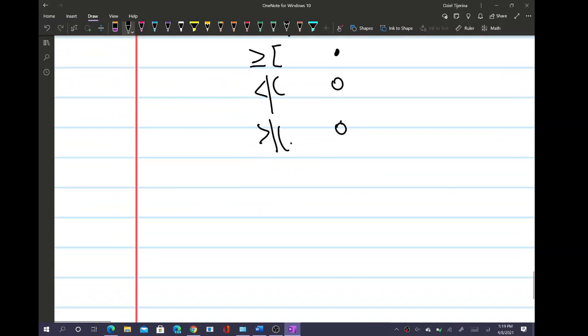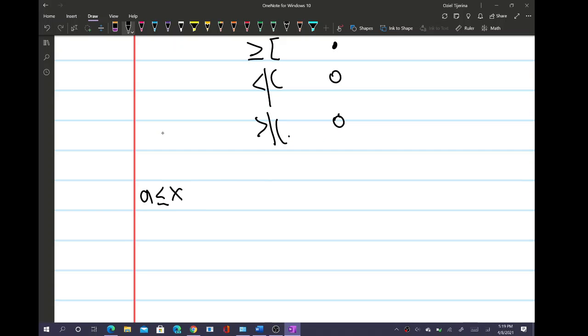Now, if we have A is less than or equal to X is less than B, this is from A, so we're going to draw a line, and we have a closed dot at A. Let's just draw the line and put A and B on the line, right?